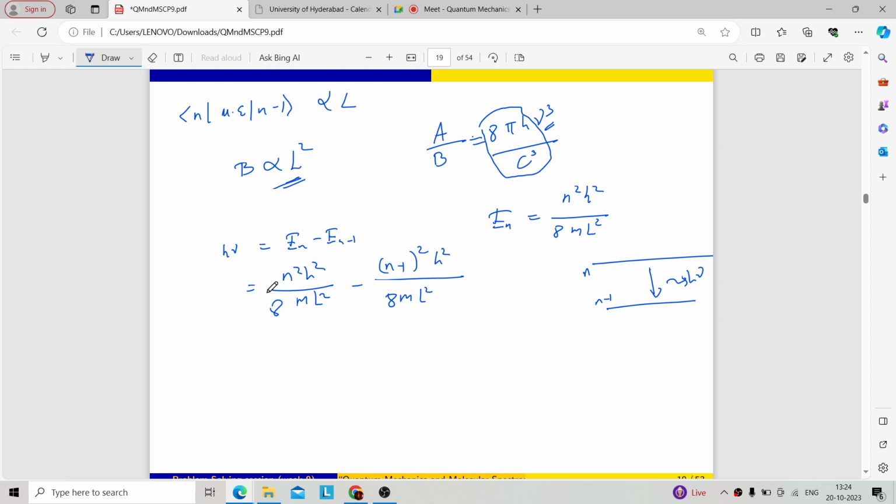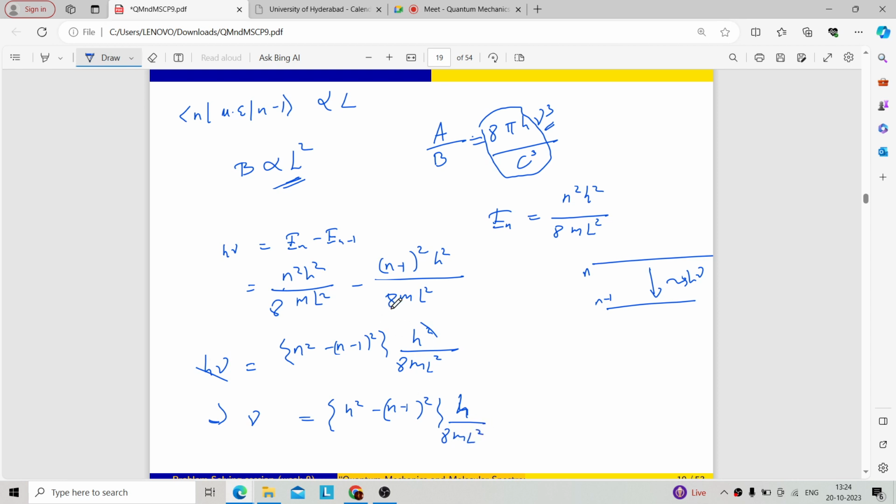All other things are the same, so I can take them common. This gives n square minus (n minus 1) whole square times h square over 8 m L square, so nu equals (n square minus (n minus 1) square) h over 8 m L square.